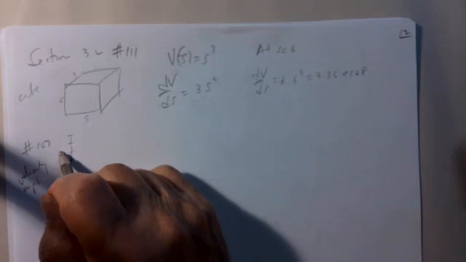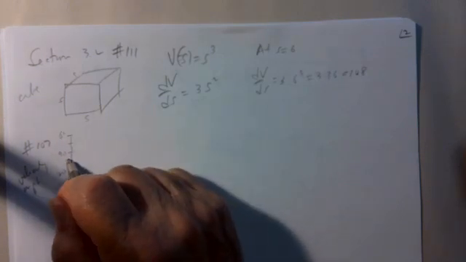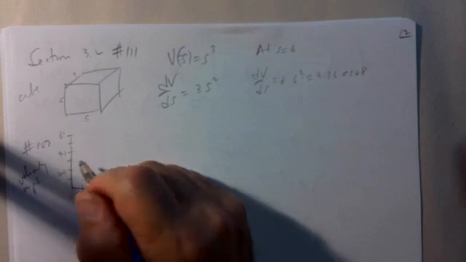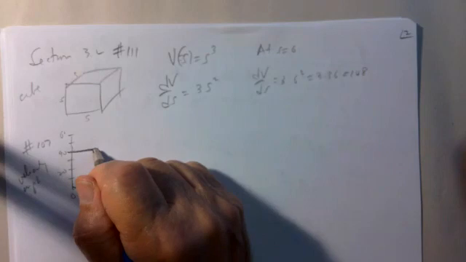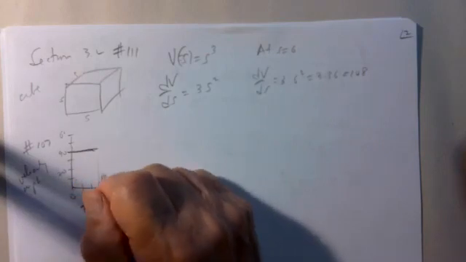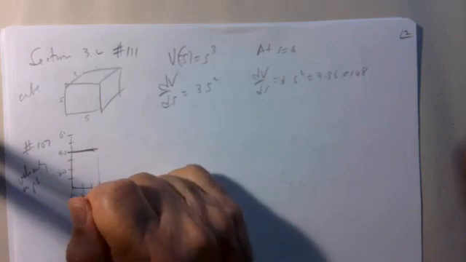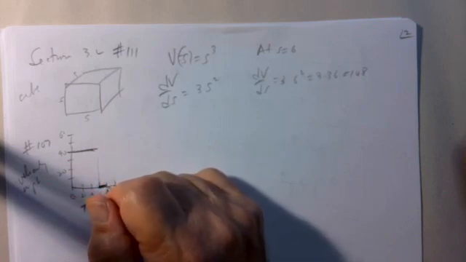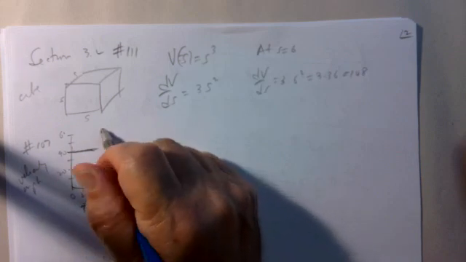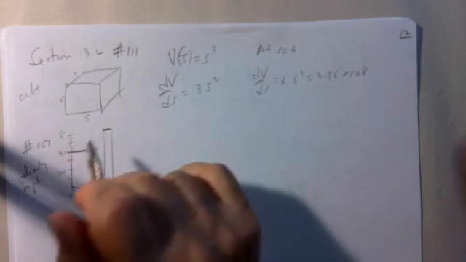For the first 6 minutes, the car is moving at 40 miles an hour. For the next 2 minutes, its velocity is 0, from 6 to 8 minutes after the start. And for the last 2 minutes, it's going at 60 miles an hour.